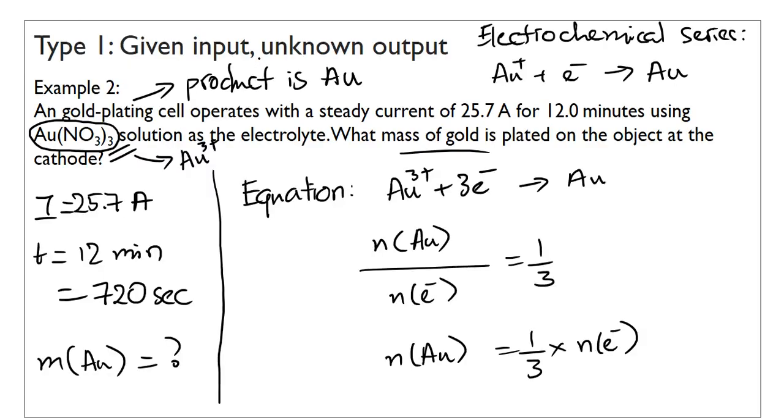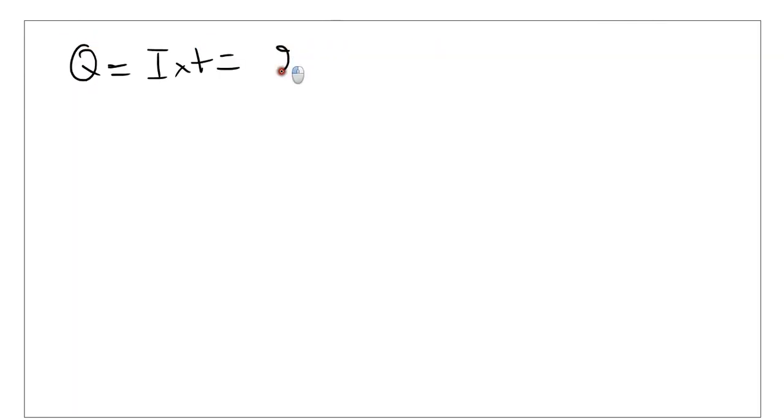So I'm going to find the charge again. So Q is IT, which is 25.7 times 720 seconds. I'm just typing in the calculator here.